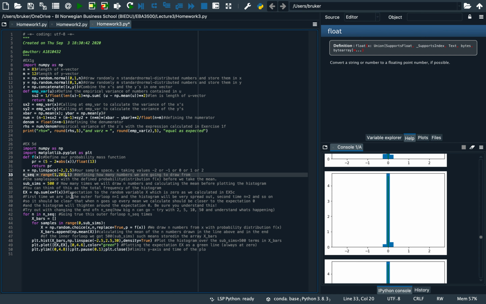Here we just put up the expectation of the random variable x, and this should be 0 because we have calculated that in exercise 1c. So if you run this command and print it, you will see that this is 0.